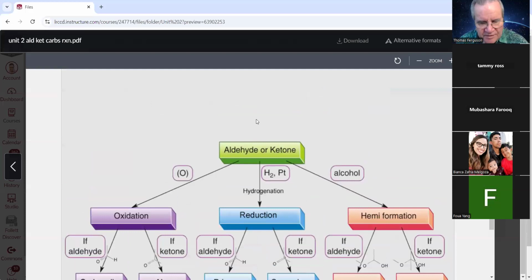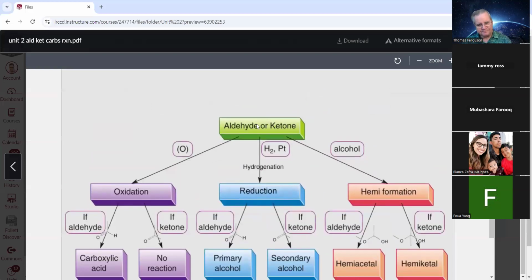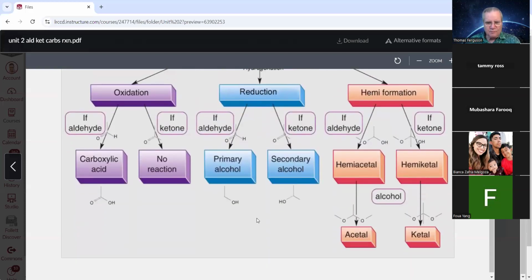Okay, there's this one, which is a zoomed in version of the bigger one, with a little more detail and structures that indicate this is a hemiacetal, this is a full acetal.